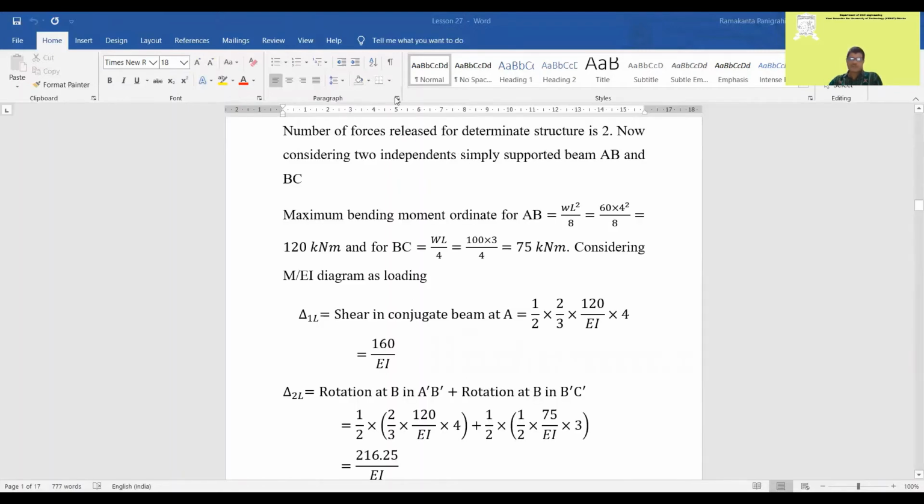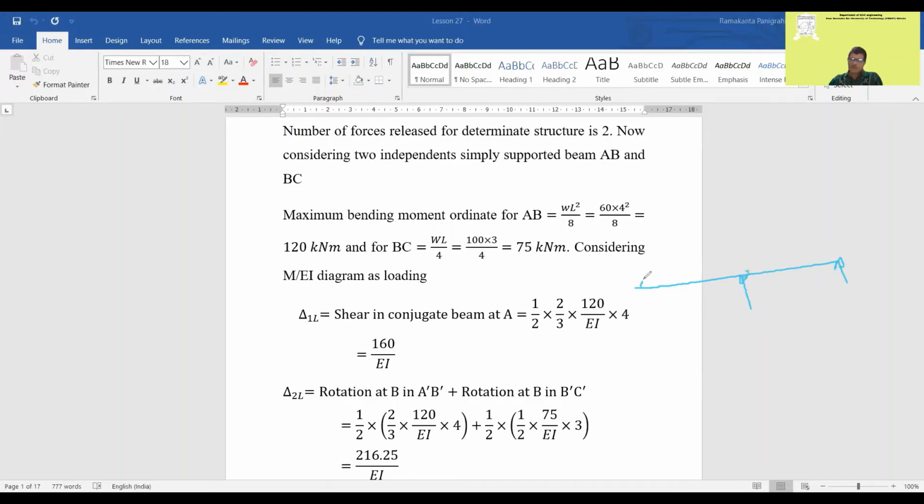Let me draw. The fixed end will be free, and they will be hinge or continuous here. The hinge here, it will be a support here.